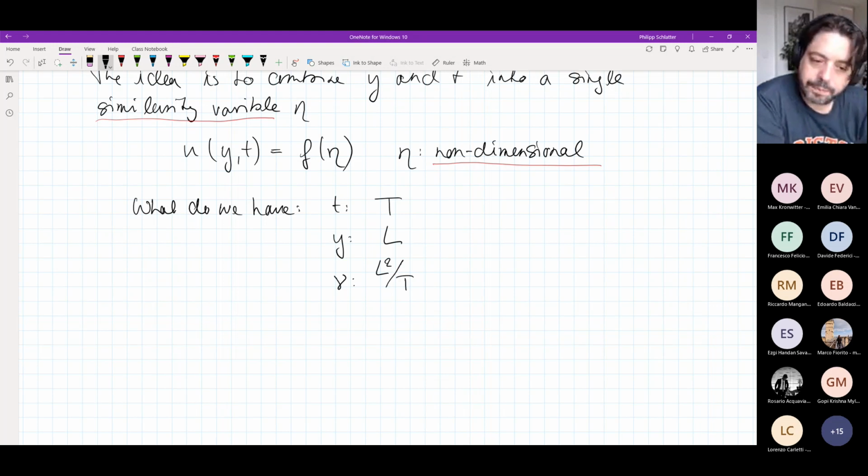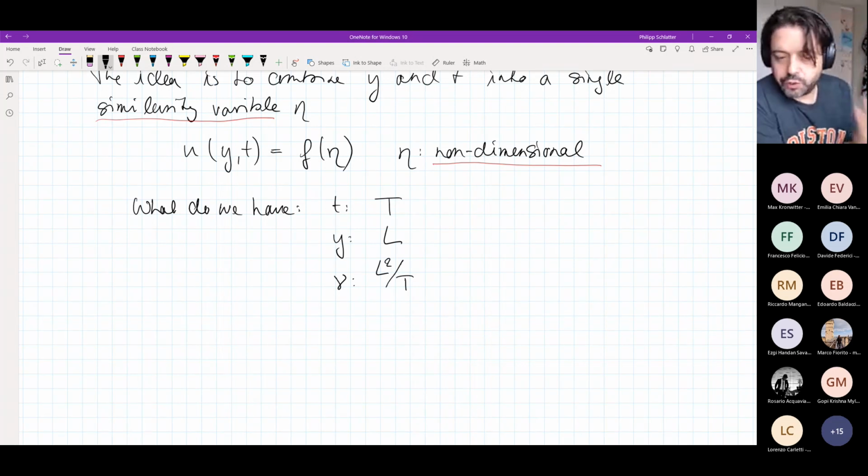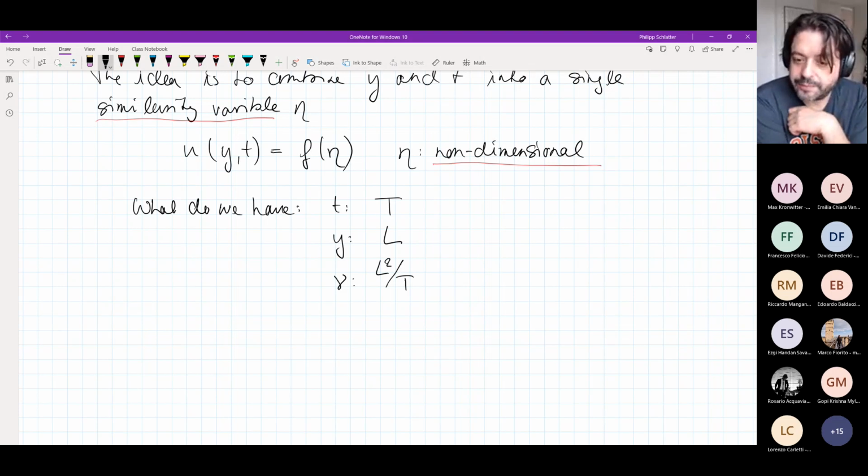Now, as we said before, we would like to find this eta in such a way that it's non-dimensional. We have these three parameters, t, y, and nu, and we would like to put them together in a non-dimensional way.